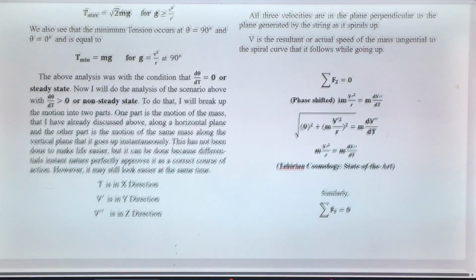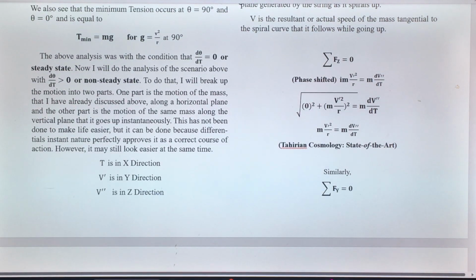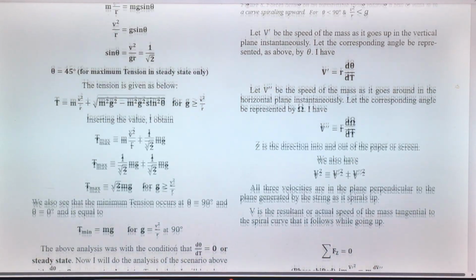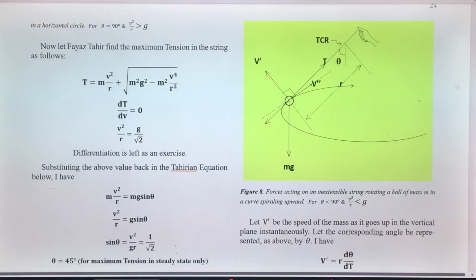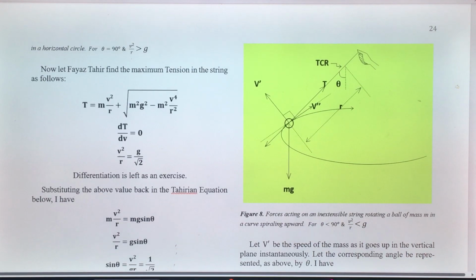So T is in the x direction, V prime is in the y direction, V double prime is in the z direction. Okay. TCR is the center of rotation. So V2 is going into the plane of the paper or screen, and V prime is the motion into the Z direction.